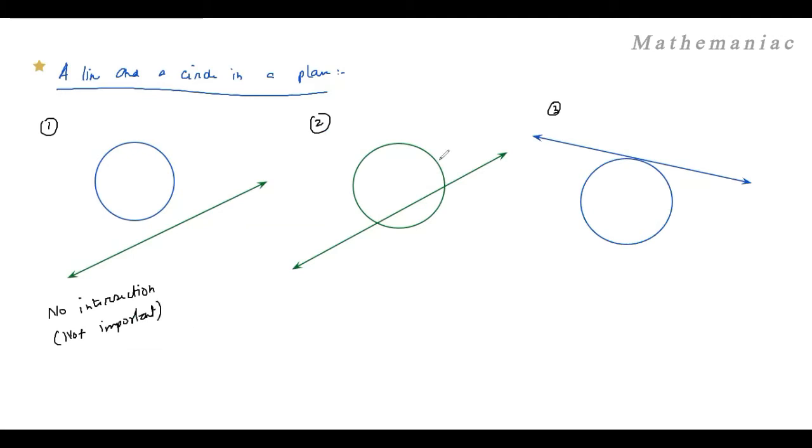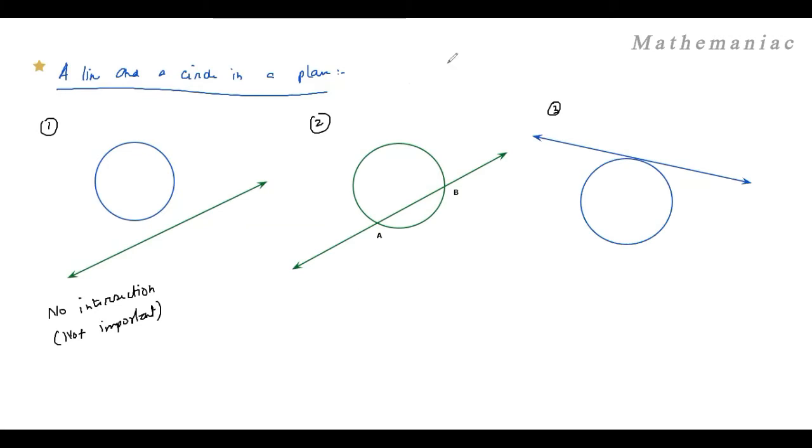Now I'm going for the other one, which is very important for us. Say I want to name this point A and this point B. I have given the names of the points where this line is intersecting the circle at two distinct points.